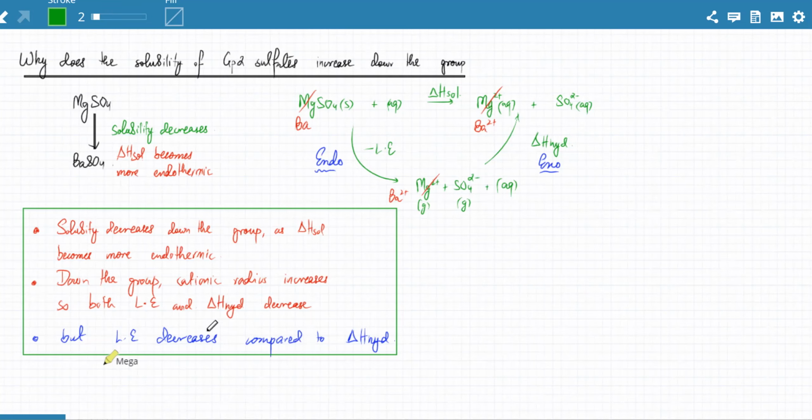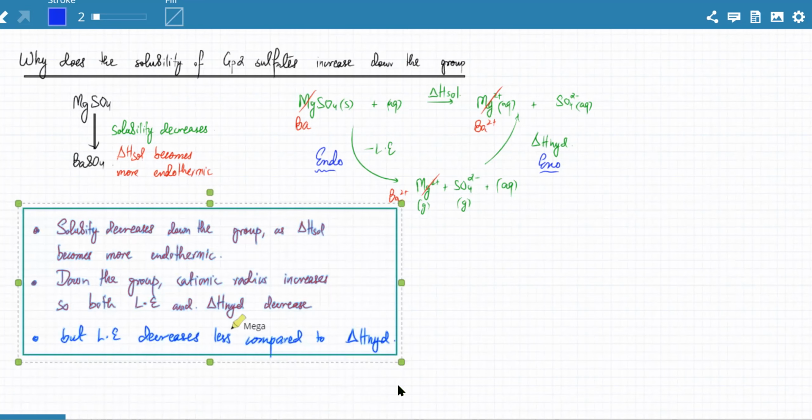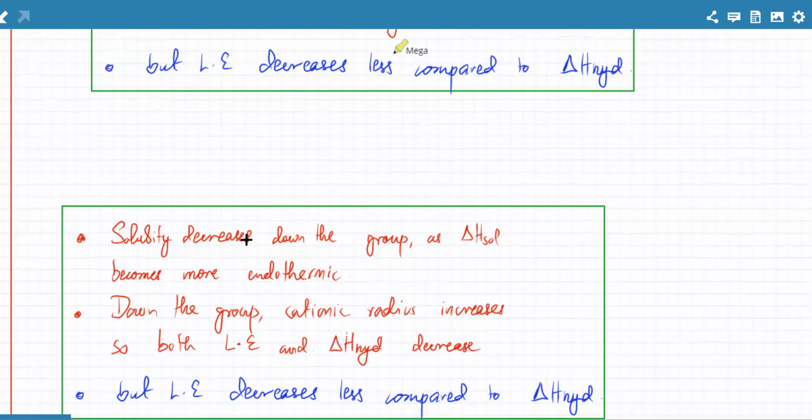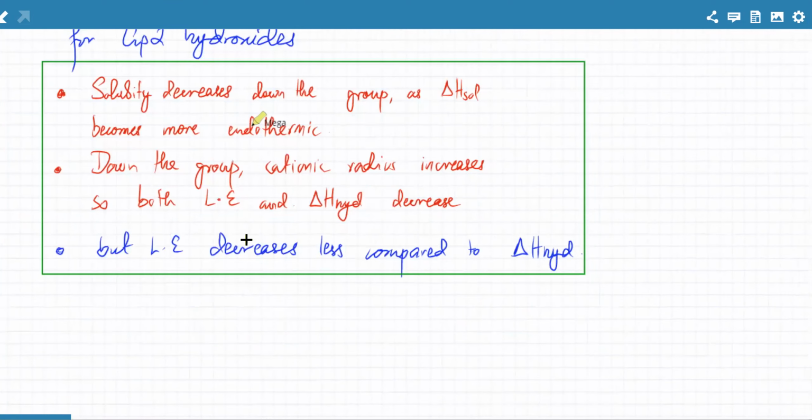I'm just going to write for hydroxides now, and change a few of the keywords. Group 2 hydroxide solubility increases down the group.